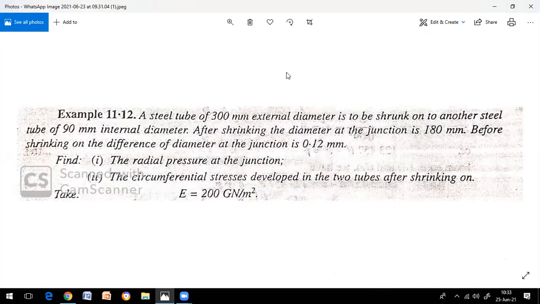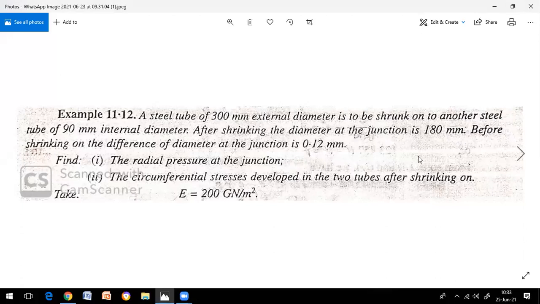See, a steel tube of 300 mm external diameter is to be shrunk onto another steel tube of 90 mm internal diameter. Understand? So there is a tube having an internal diameter of 90 mm. After shrinking, the diameter at the junction is 180 mm.